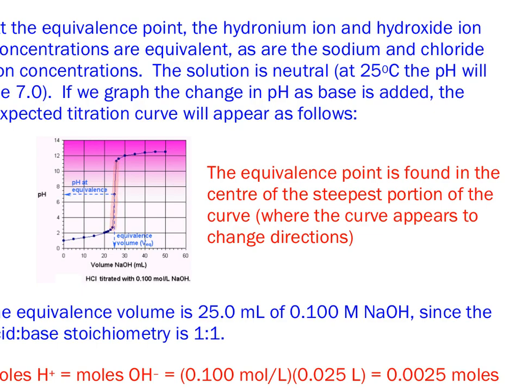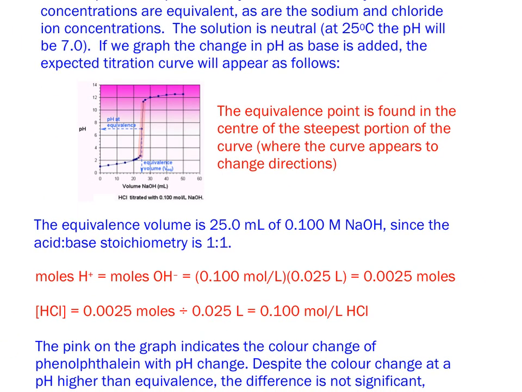So the very middle of that, that's the equivalence point. The equivalence volume is 25 mL, and that is found right here on the graph, and it's 25 mL.